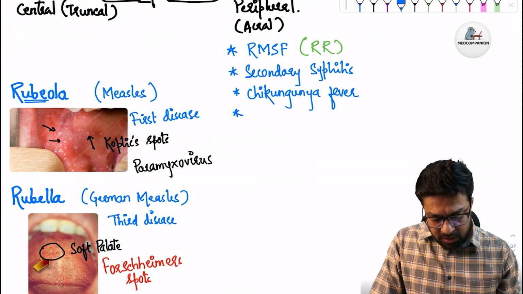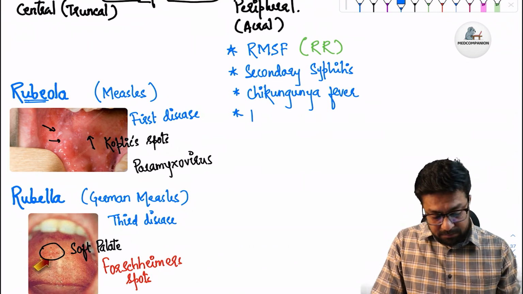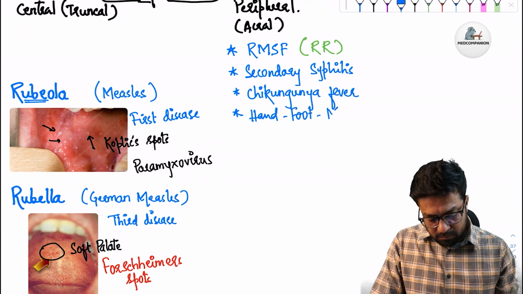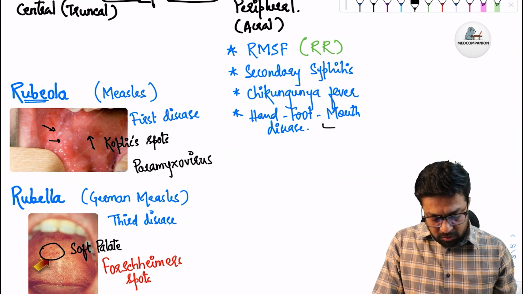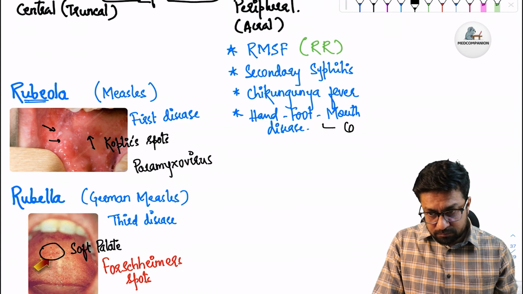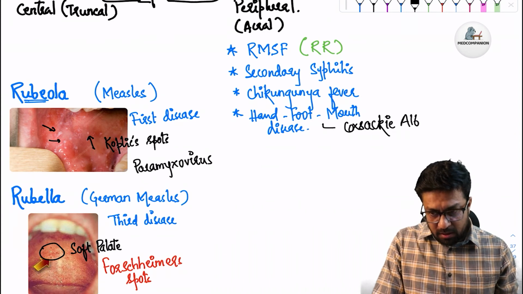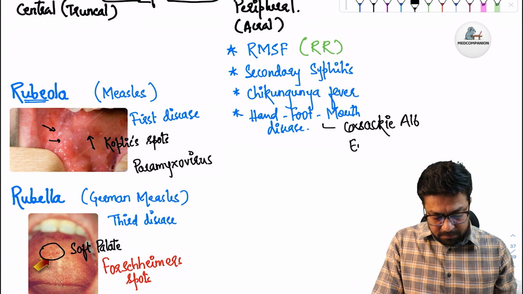Then you have the hand foot mouth disease. Hand foot mouth disease caused by Coxsackie A16 and also enterovirus.